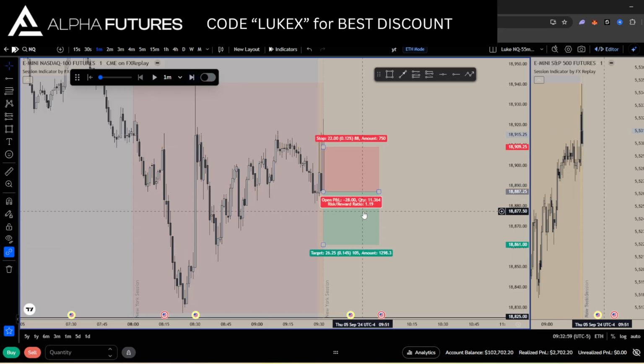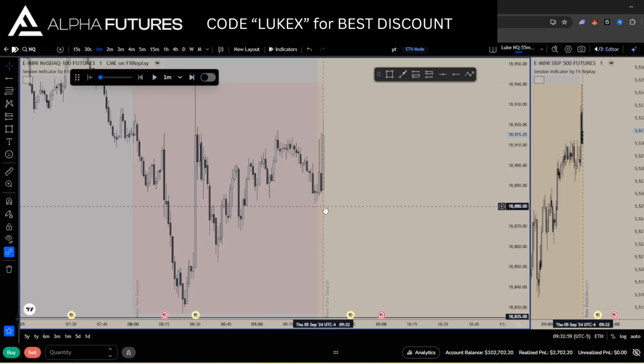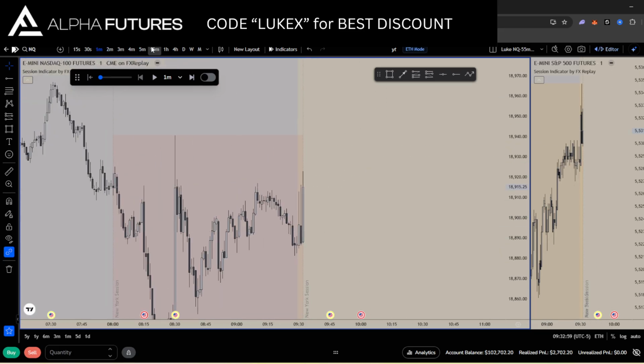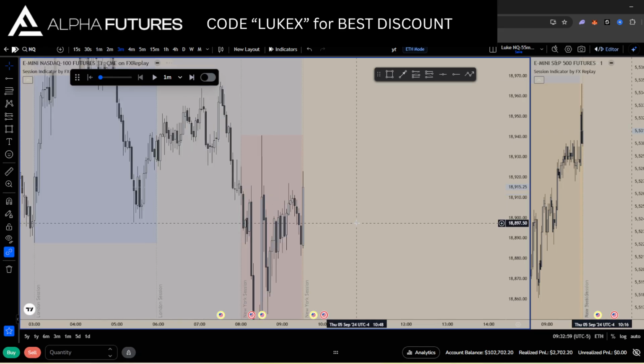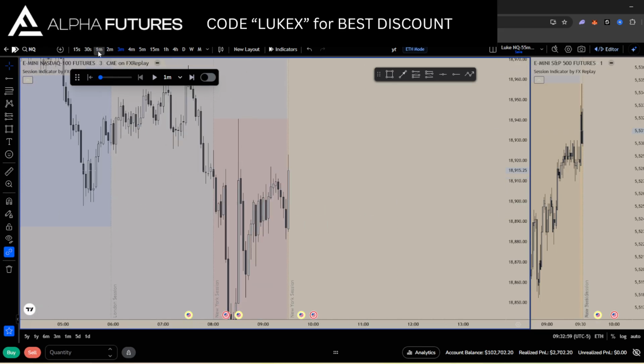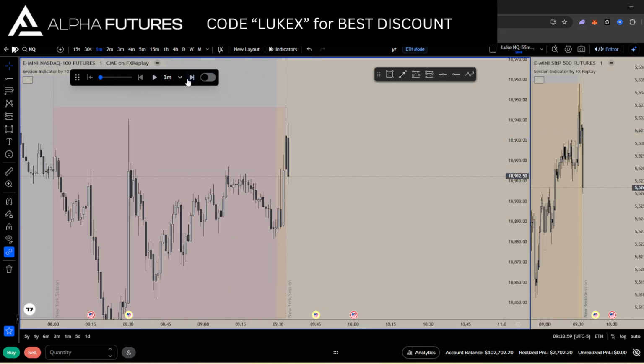All right, we get stopped out quick. Probably not the greatest trade, but I did think we were going to aggressively run through that. We probably should have waited for like the CISD or something on the 1 minute. But it's all good. Let's see if we get a retrace here.